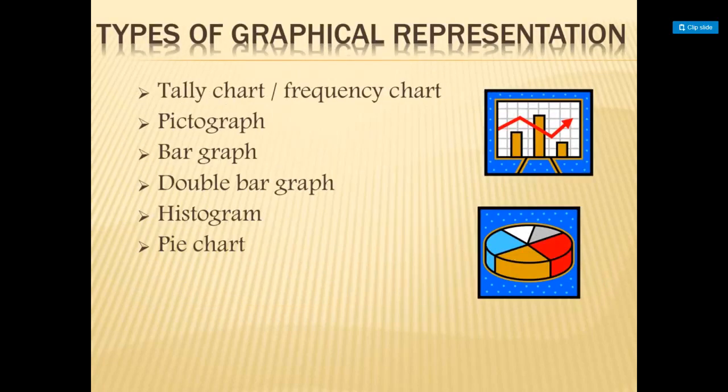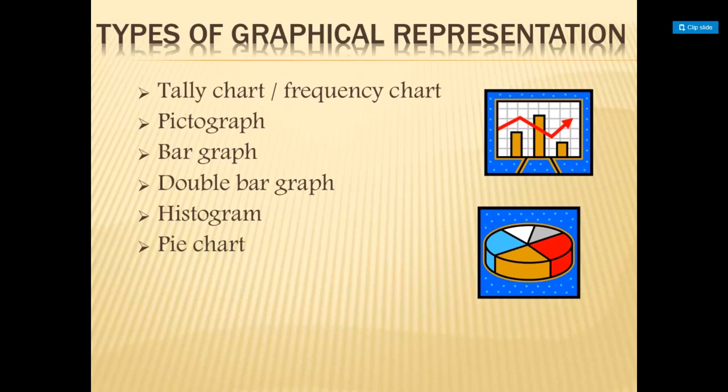Now types of graphical representation. We have several types of graphical representation like tally chart, which is also known as frequency chart, pictograph, bar graph, double bar graph, histogram and pie chart. For these types, we have learnt tally chart, pictograph, bar graph and double bar graph in previous classes.